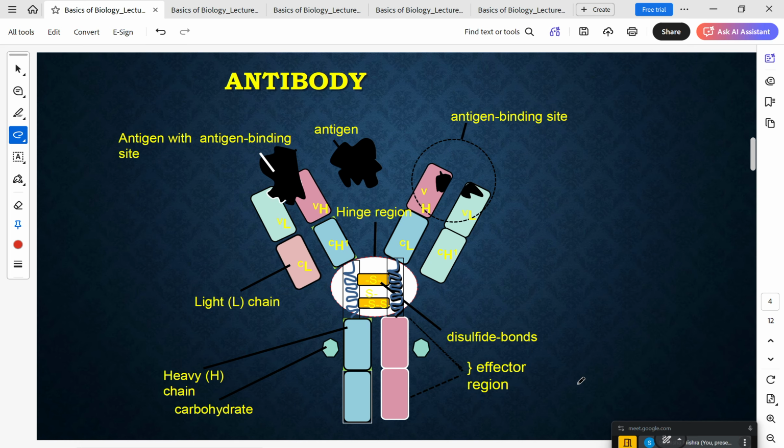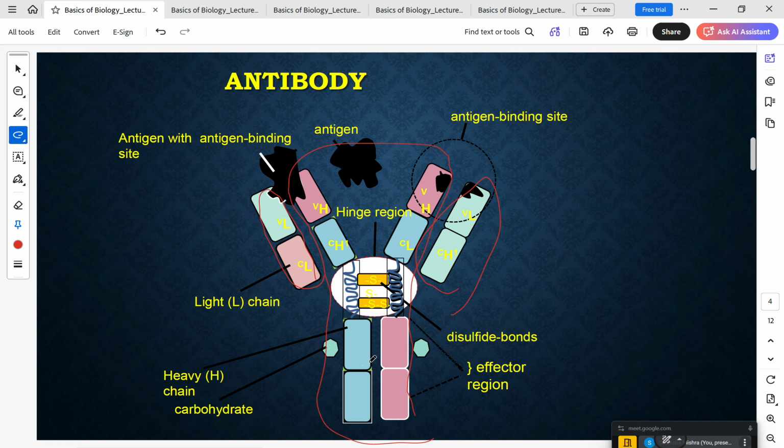Okay. So we saw that antibody is coming up. An antibody is a complex molecule with a Y-shaped structure. These two components that you see form the light chain, and the others form the heavy chain.